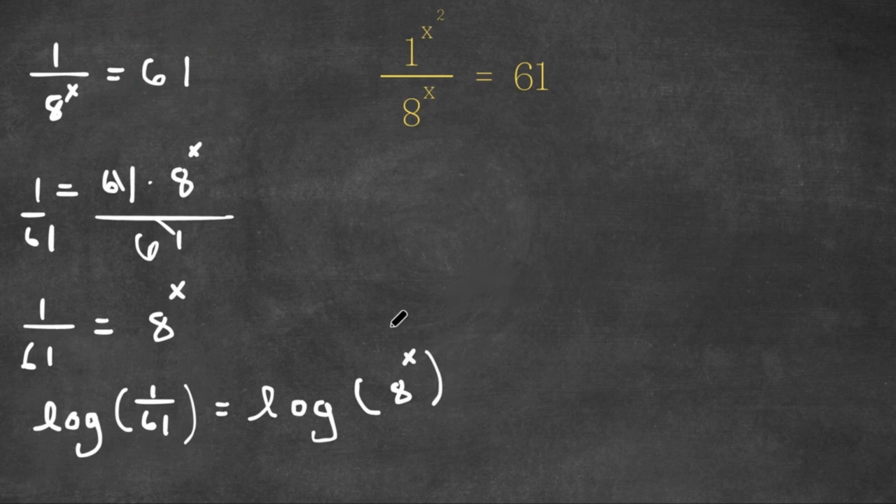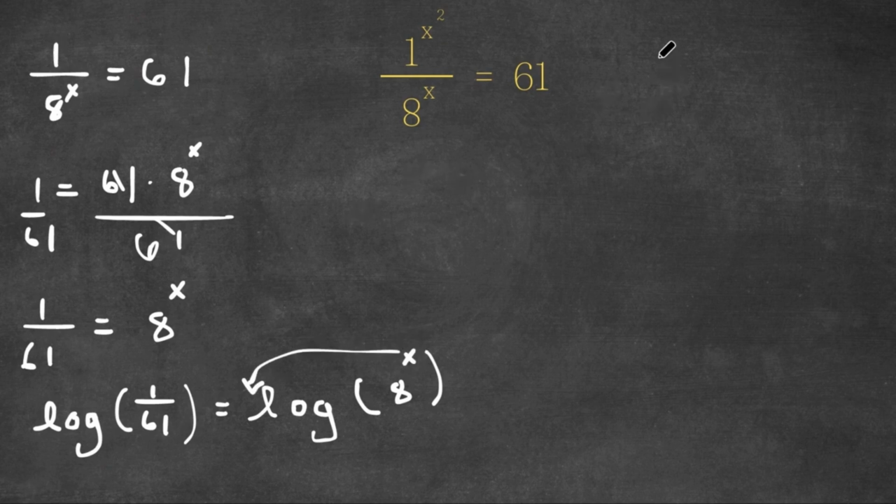So now, if I take the log of both sides, the power property of logarithms states that if we have something in the form log of 8 to the power of x, we can actually move this exponent to the front of the log.